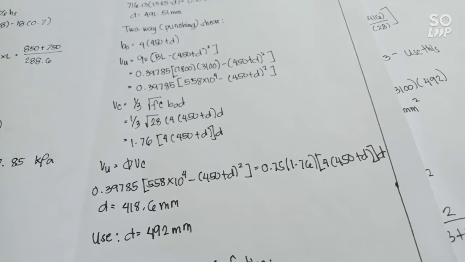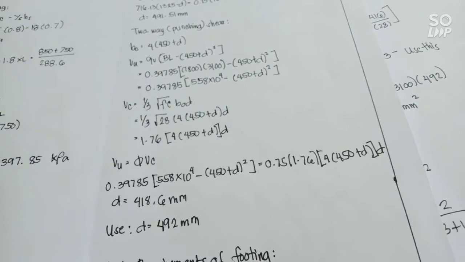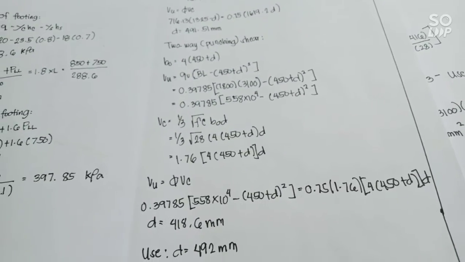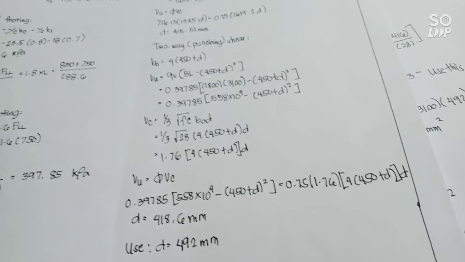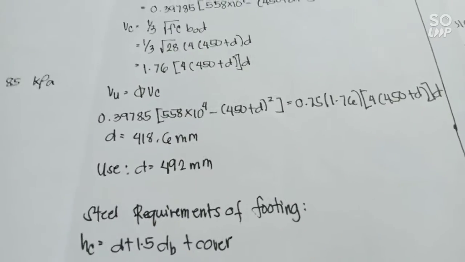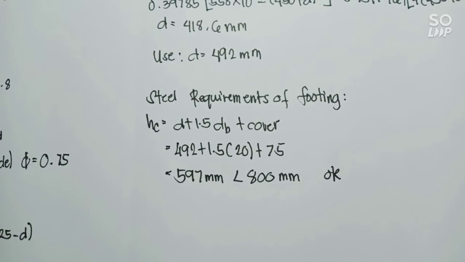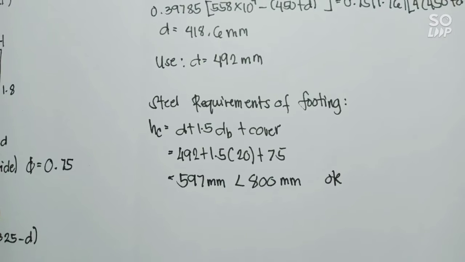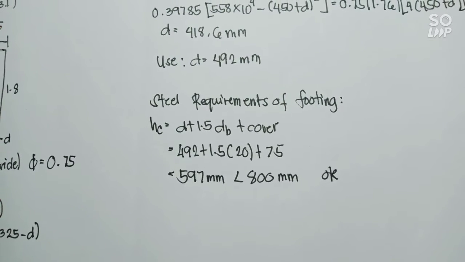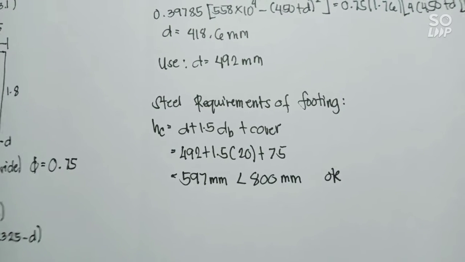and we will use the one-way shear d, which is 491.51 millimeters, or let's say d is equal to 492 millimeters. So the steel requirement of the footing: let's start with the formula of h, which is the total depth, equal to d plus 1.5 times the diameter of the steel bar plus the cover.